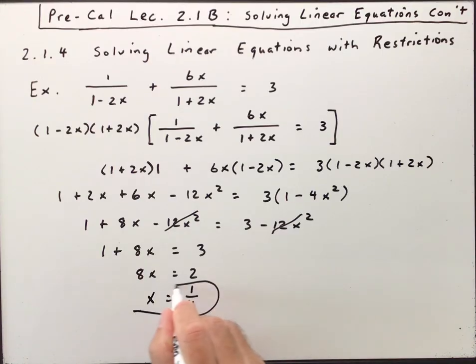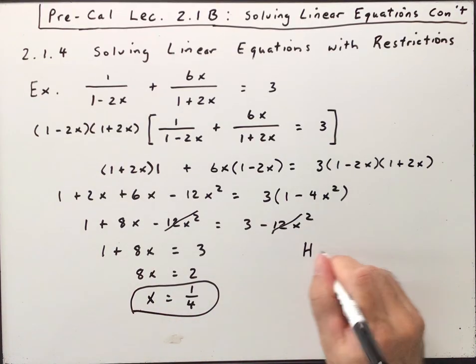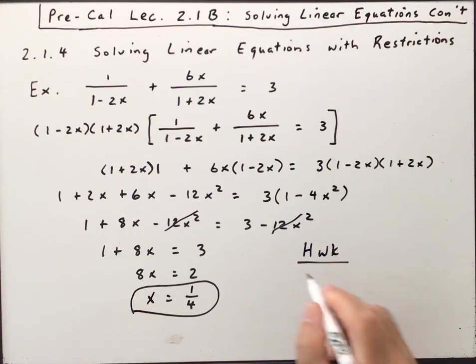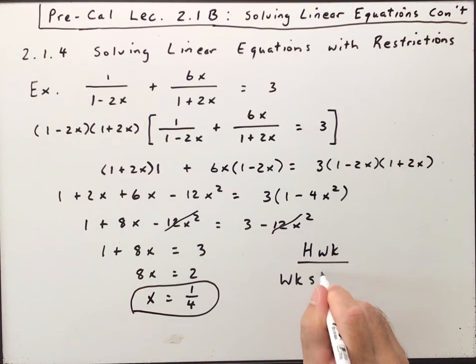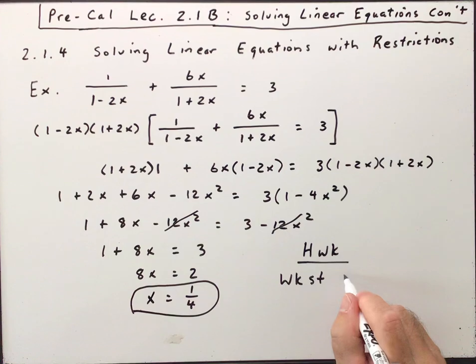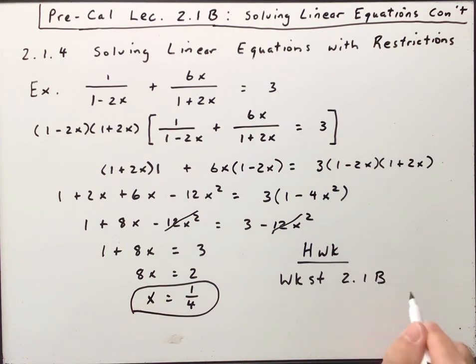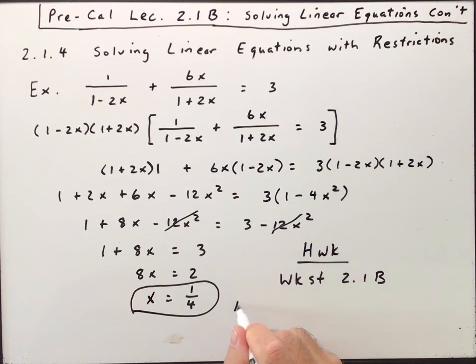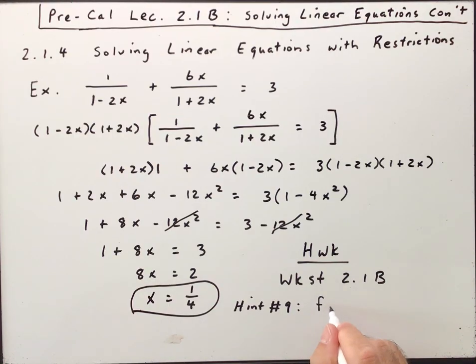So that will work. Your homework is going to be worksheet 2.1b. There are 10 questions, and I'm going to give you a couple of hints. For number 9, you want to factor x squared minus 4.